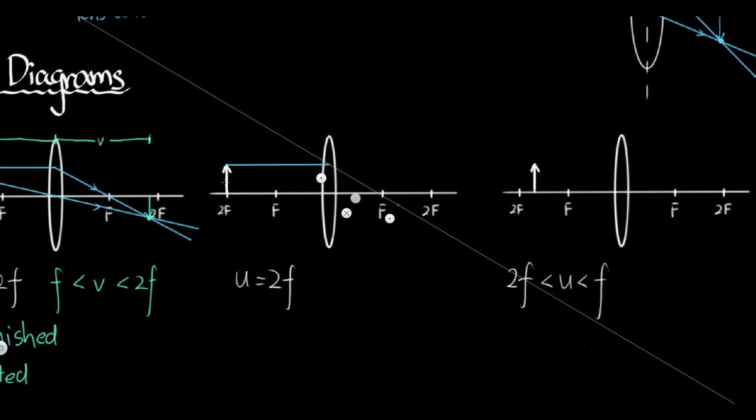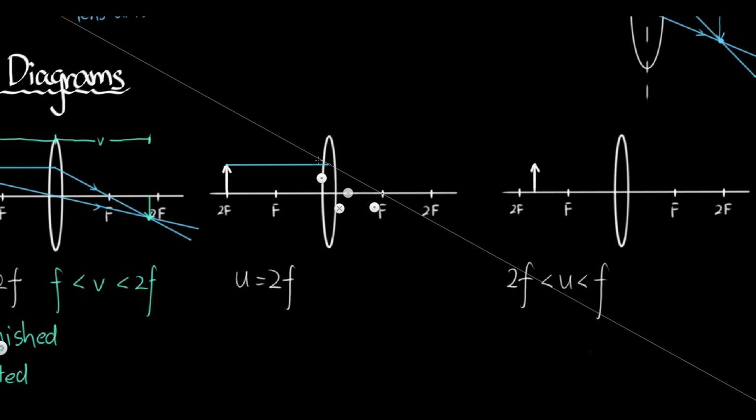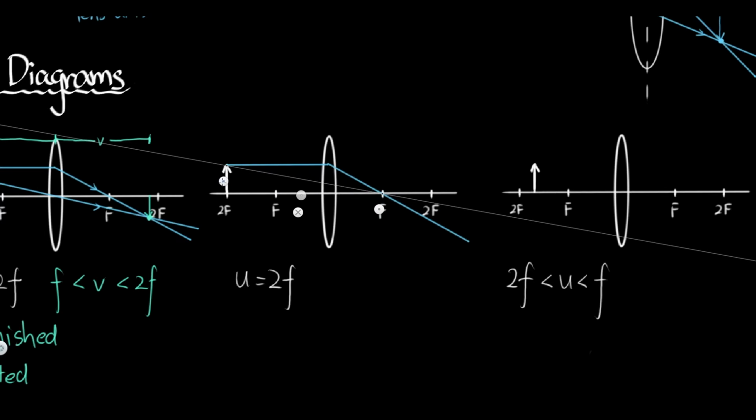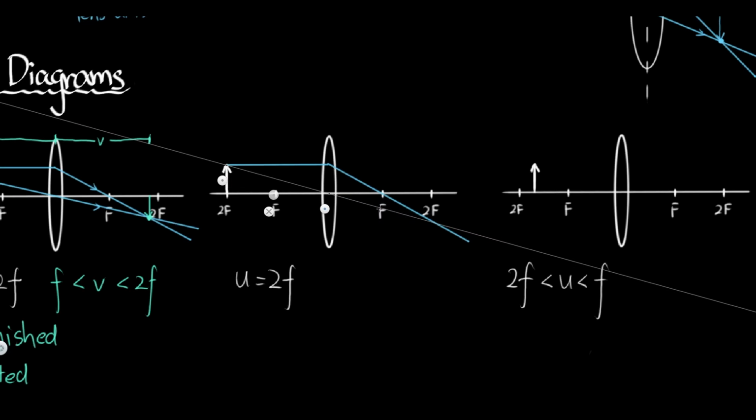And then it's gonna go through the principal focus over here. And then another one is going to go through the center of the lens. So the center of the lens, like that. I think I missed it somewhere over here, but I guess it's good enough for me. And I'm just gonna label it with arrows. This one's over here, and this one over here.